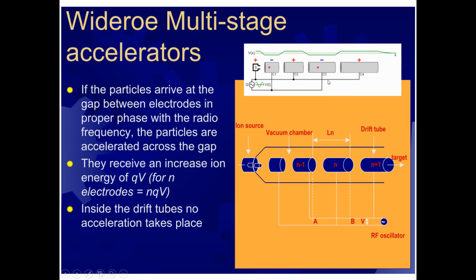So what happens after that? If the particle arrives at the gap between the electrodes, and these are the gaps between the electrodes, at the proper phase with the radio frequency, then the particles are accelerated across the gap.